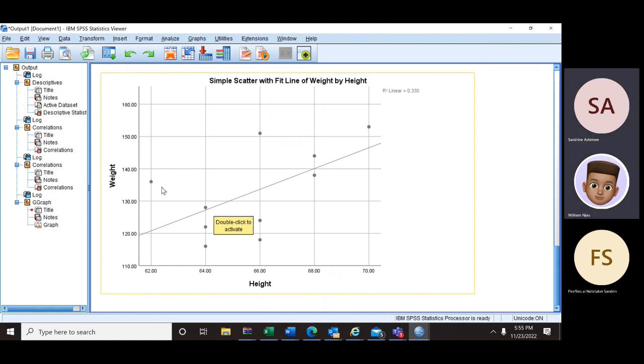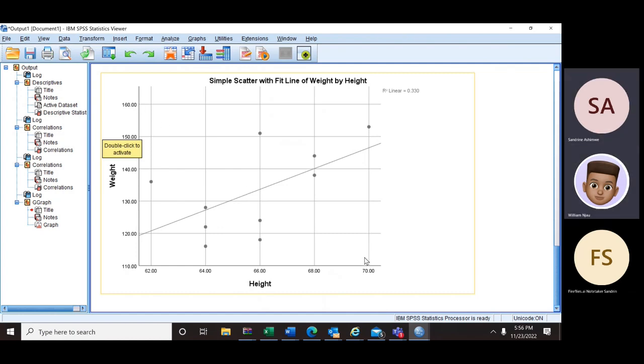So if it was a positive correlation, maybe of 1, all the dots would be on this line. And if it's a negative, the line would be facing the other way. It will be moving down, exactly like this, but the dots will still be on the line.